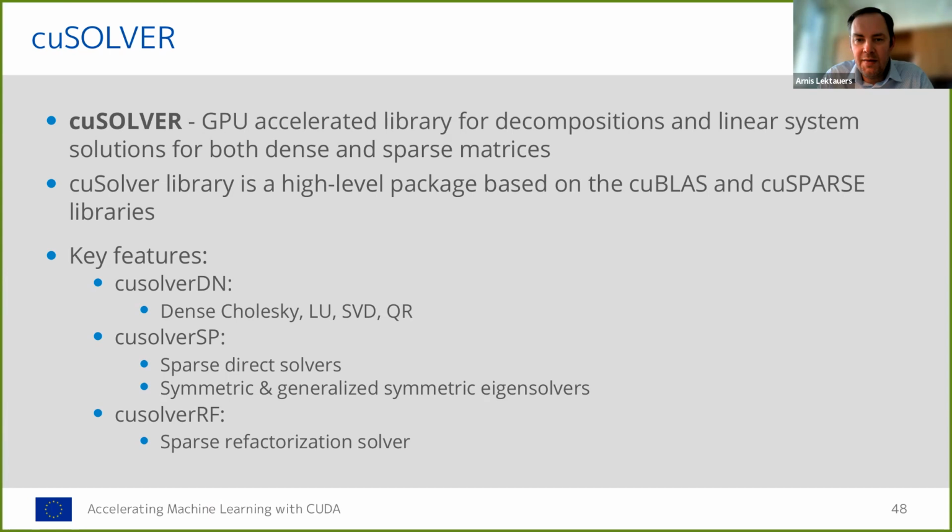It is a higher level package based on the previously mentioned cuBLAS, and another library not mentioned today in more detail, cuSPARSE, for working with sparse matrices. cuSOLVER can be used for machine learning tasks, and that is the reason I have mentioned it, to solve linear systems of equations and similar tasks.